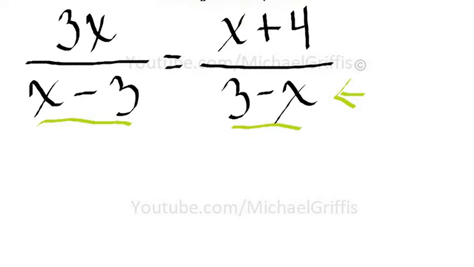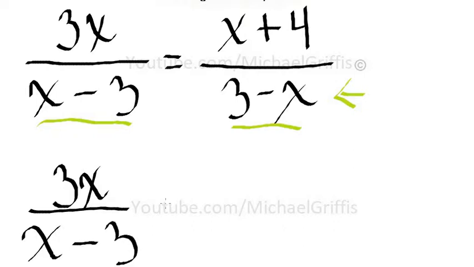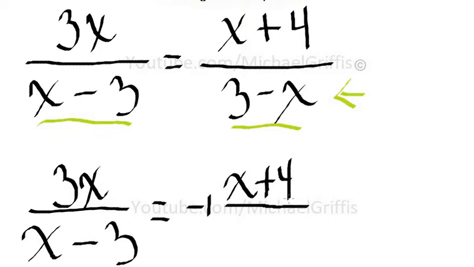Well, let's just rewrite the whole thing. We have 3x over x minus 3 is equal to, now I'm going to put the -1 out front, okay? x plus 4 over -3 plus x.